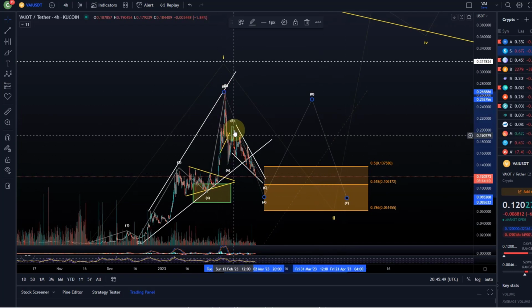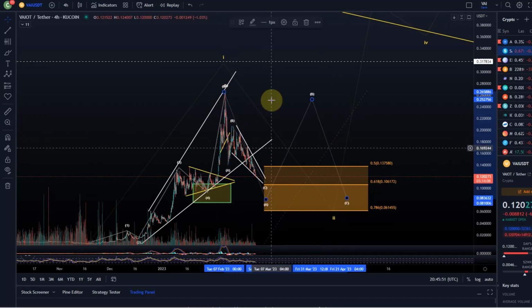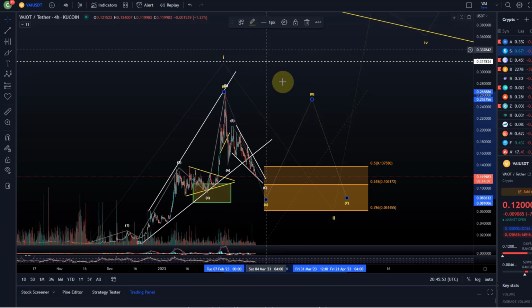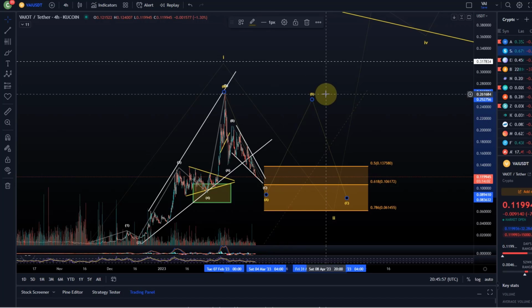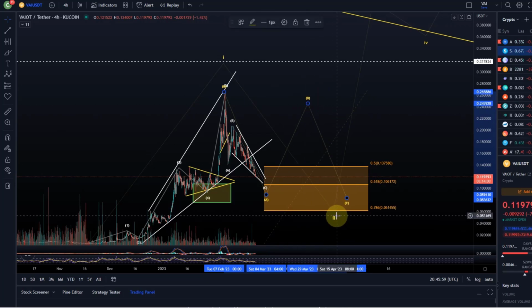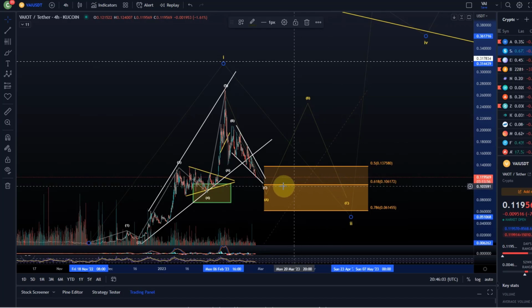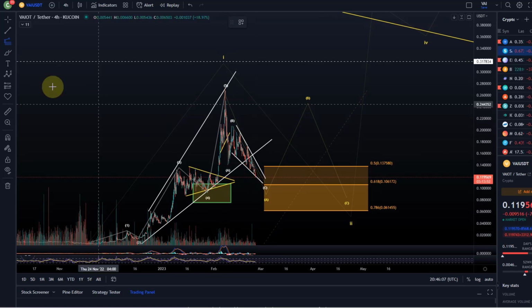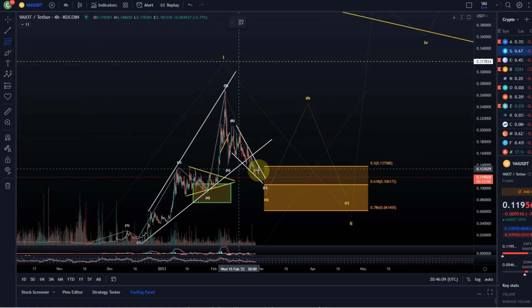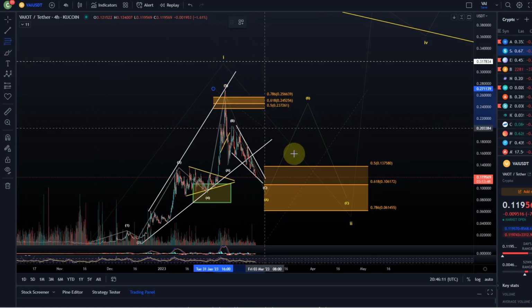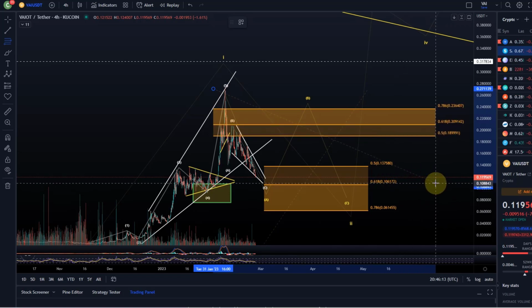So that we get something like this: A wave, B wave, and then C wave. And if the A wave, highlighted here, I do that in yellow, if the A wave is a 3-wave move, the B wave would normally be quite strong. I'll have to basically make something up here because I don't have a confirmed low yet for the ABC structure. But let's say it comes down to 10.6 cents.